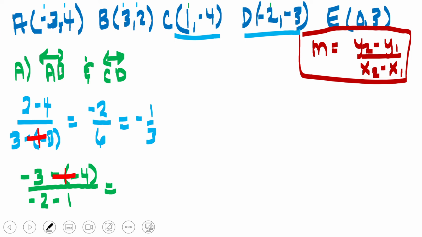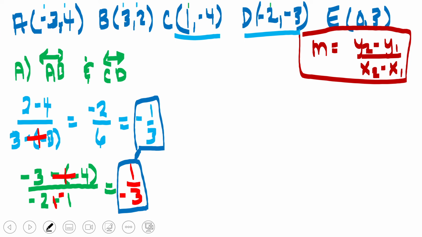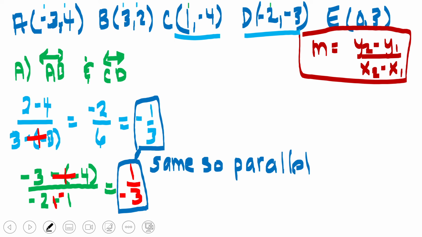This becomes plus. Negative 3 plus 4 is 1. And then negative 2 plus 1 is a negative 1. So negative 1/3, negative 1/3. These slopes are the same. So they are parallel. So you just have to do some work and test with the slope formula between the two lines you're given. Let's look at more examples.